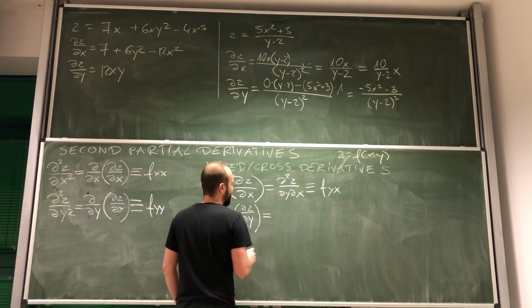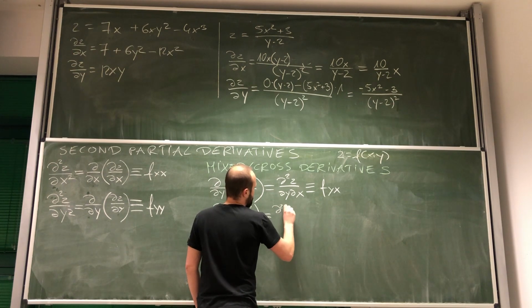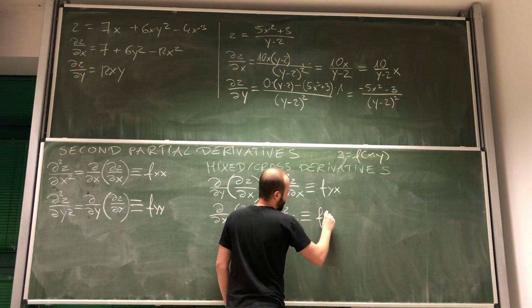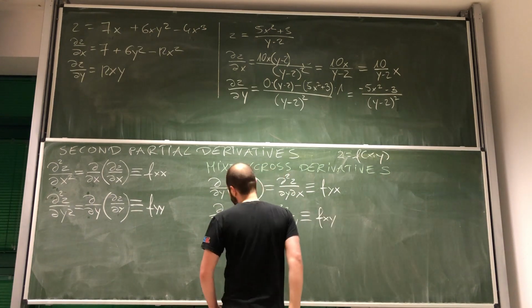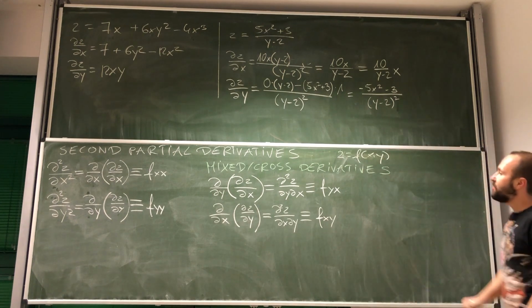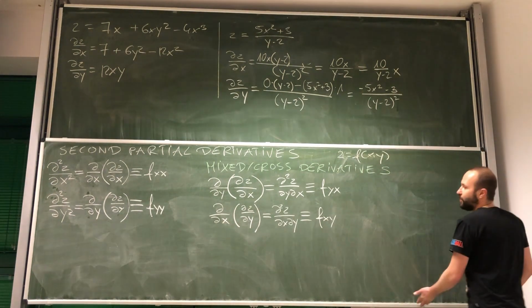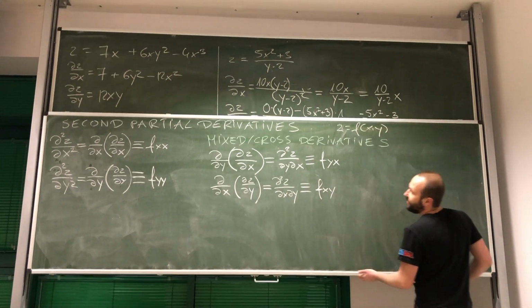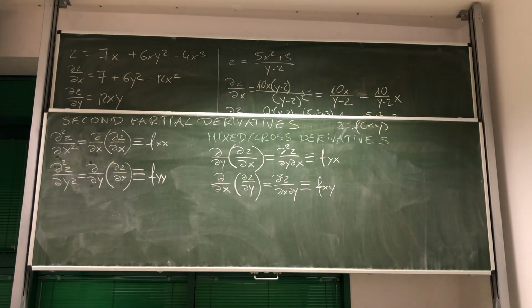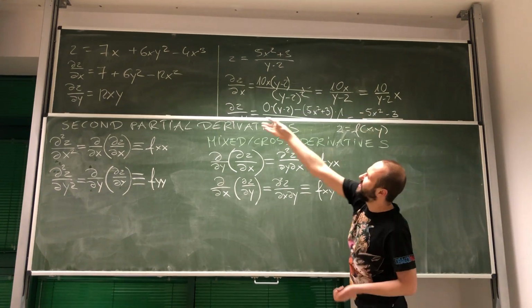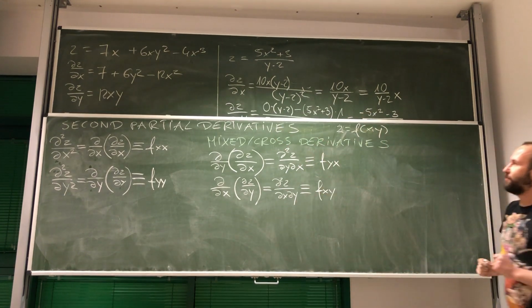Well, I'm going to get d squared z dx dy, or f_xy. Okay, so look, we see that in this case we can actually calculate 4 different derivatives. So let's do it for this example that we have on the blackboard over there.